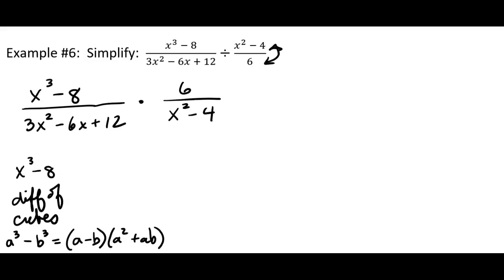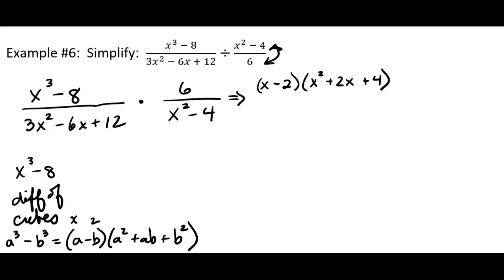Oopsies. I left out part. Plus b squared. Okay, so we have that. The b in our case is going to be 2. So we have 2 for b and x for the a. So I'll write over here what it's going to be. It's going to factor into x minus 2 times x squared plus 2x plus 4.